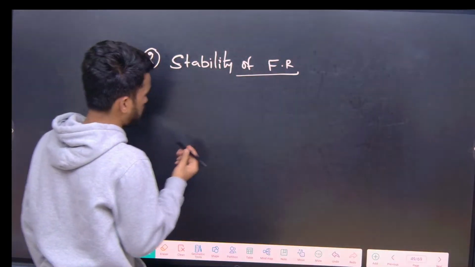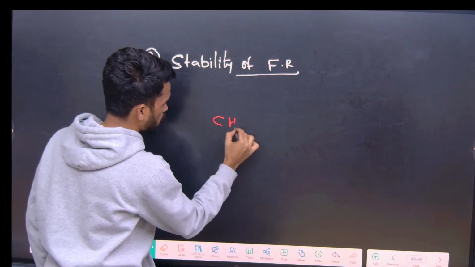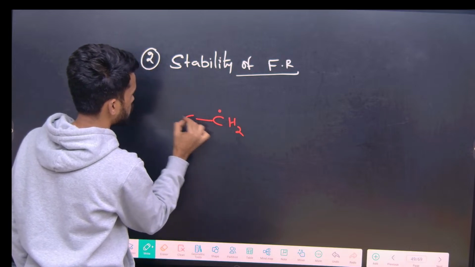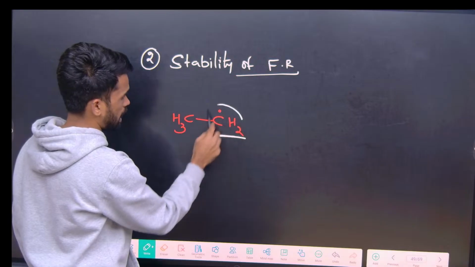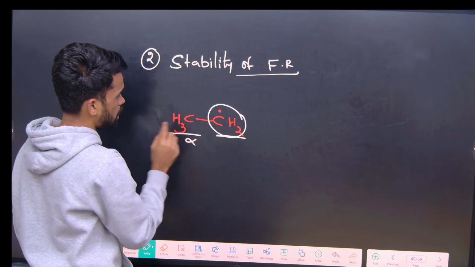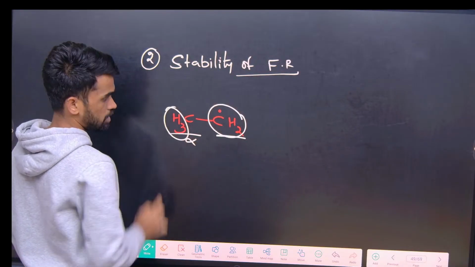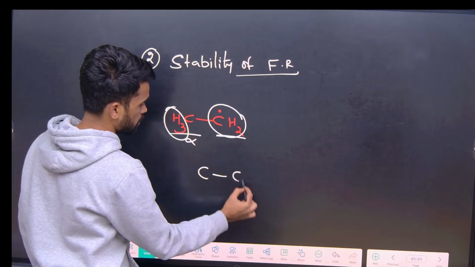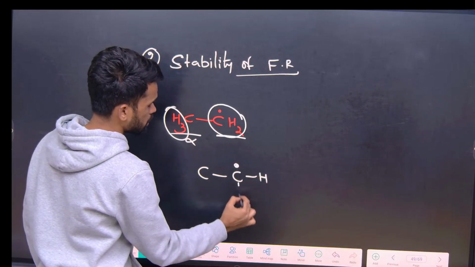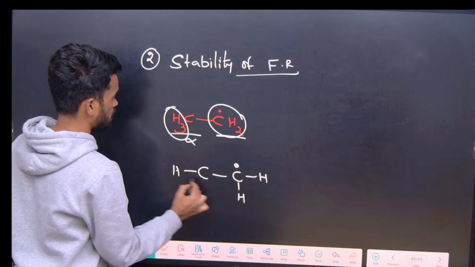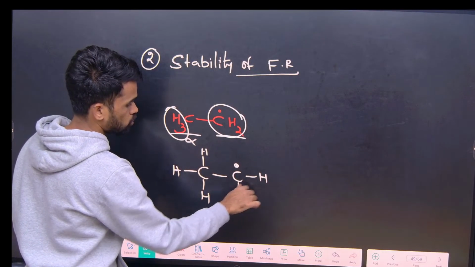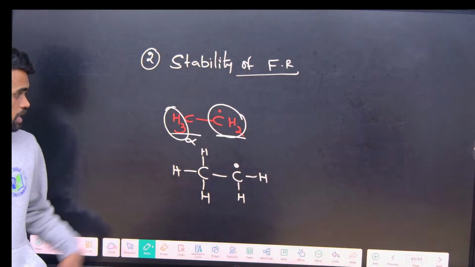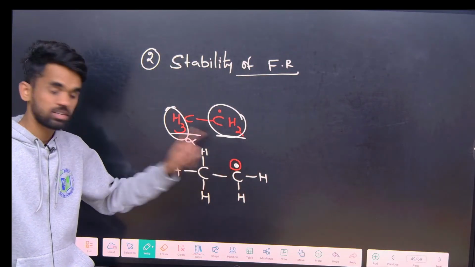How will it be stabilized? Check here. Similar to carbocations. This is alpha to this radical carbon, the adjacent carbon is alpha. How many alpha hydrogens are there? 3. So now this radical carbon contains how many electrons? Count now. 2, 4, 6. 6, and this radical electron is the 7th electron. Okay.